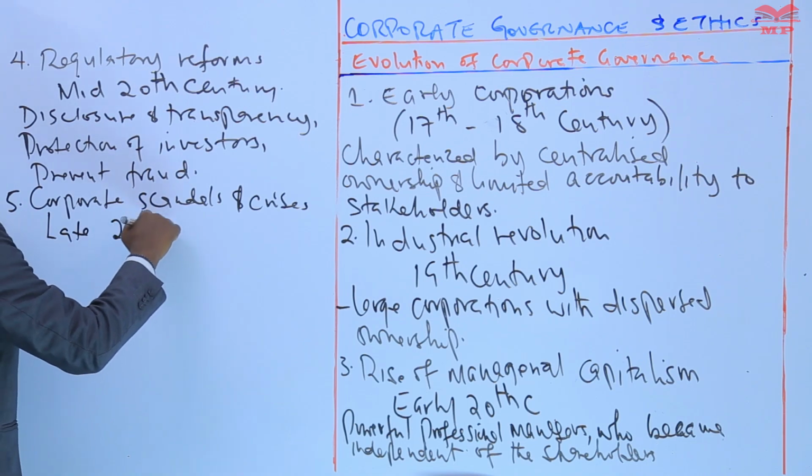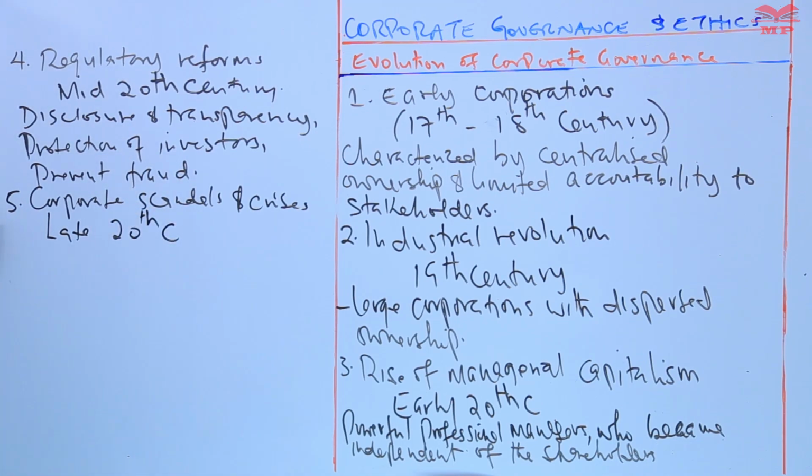There was an increase of corporate scandals and crises that were witnessed, with several high-profile corporate scandals such as Enron and WorldCom, which collapsed, and that exposed the weaknesses of the existing governance systems. And such events triggered a wave of new reforms and initiatives to improve corporate governance.